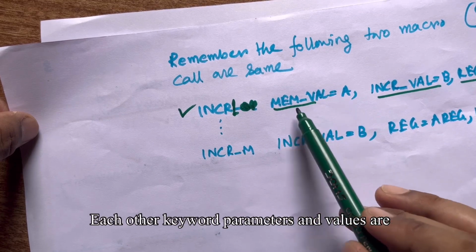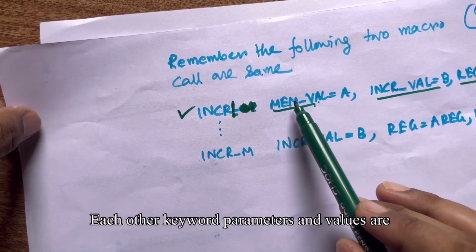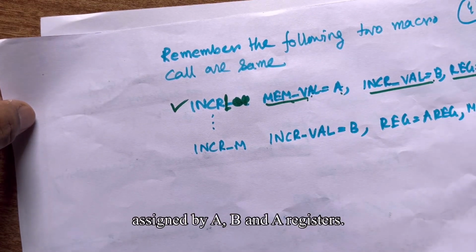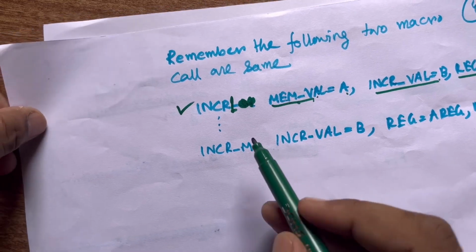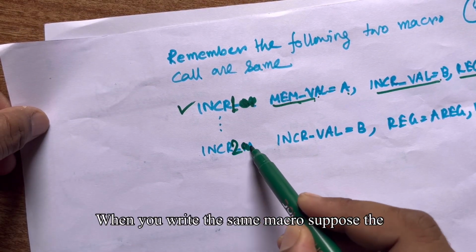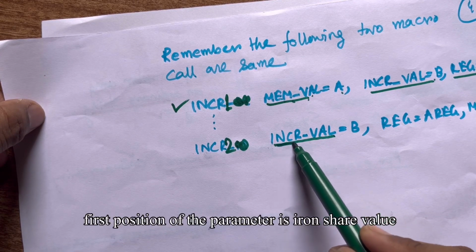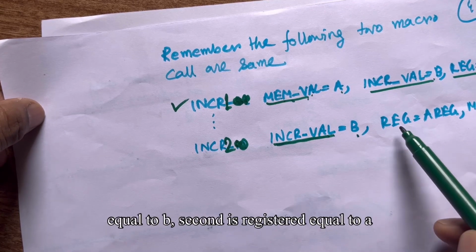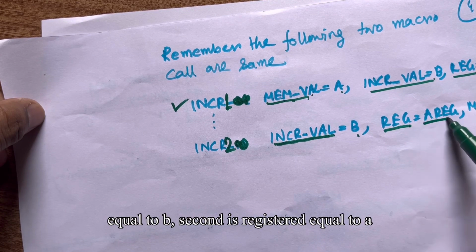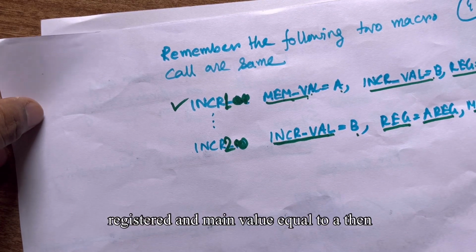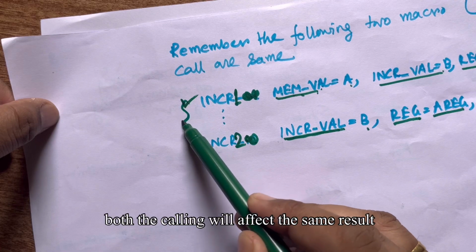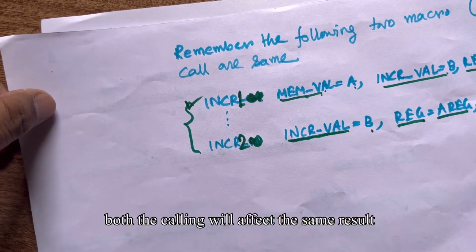These are the keyword parameters, and values are assigned by A, B, and A register. Suppose I write the same macro with here value equal to B first, register equal to A register second, and memval equal to A. Then both calls will give the same result.